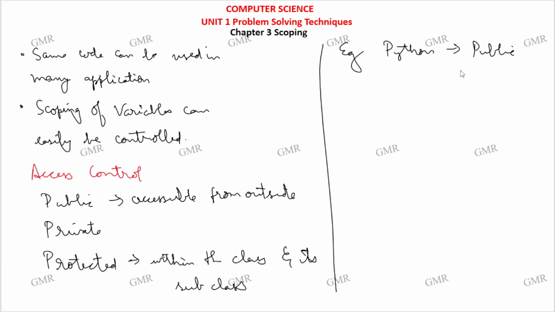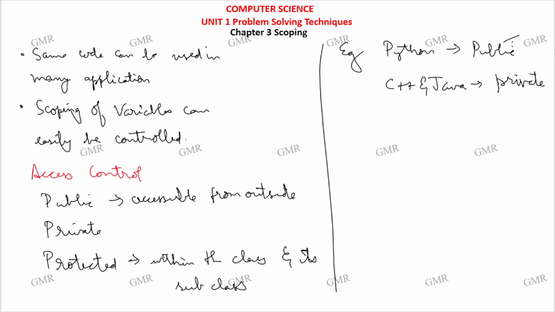Whereas in C++ and Java, everything is private. Only if you want access, you can use it; otherwise, it cannot be used. Any member can be accessed from outside the class environment in Python, which is not possible in C++ and Java.